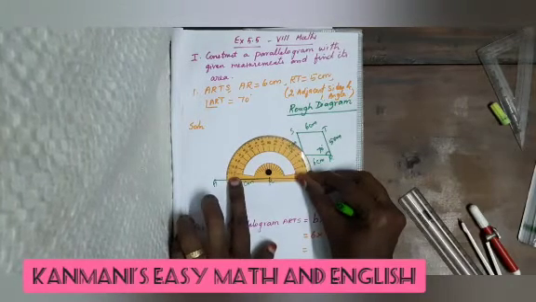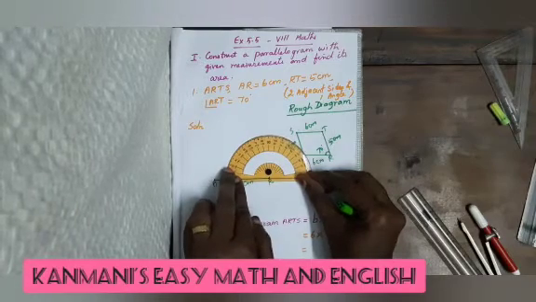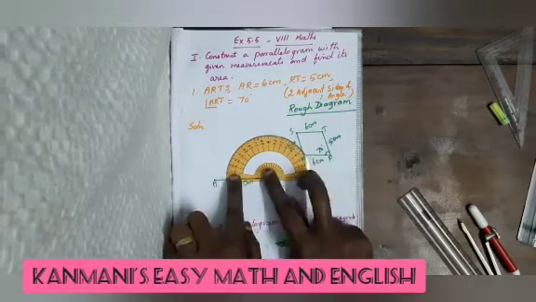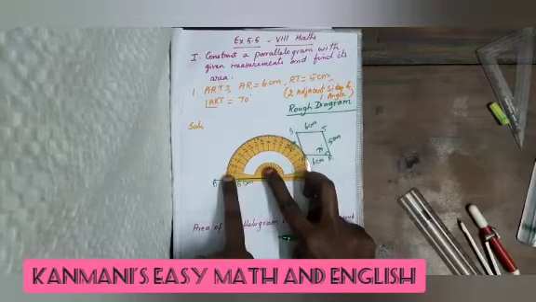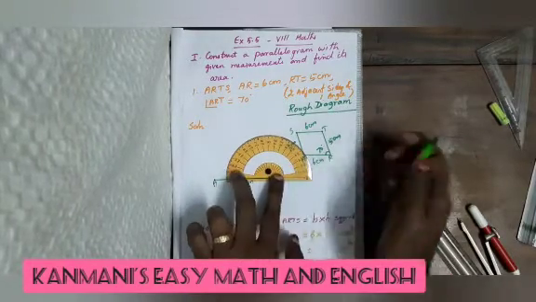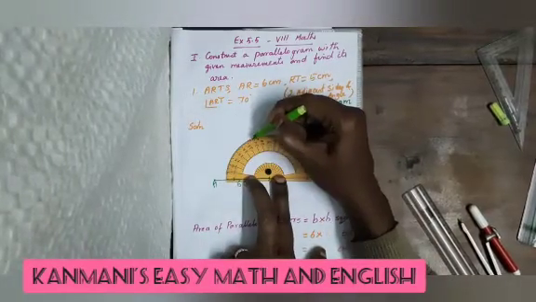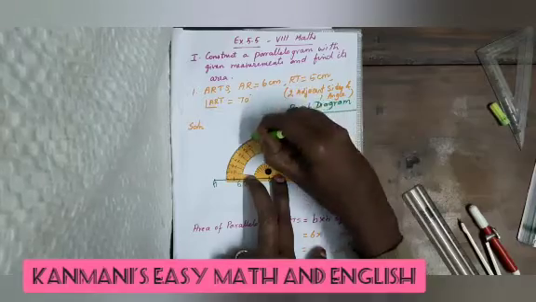So place a protractor like this. We all know how to place a protractor. So at R, with this 0 to 180 degree straight line coinciding on AR, you have to place a protractor like this and mark 70 degree. So acute angle, right from 0 we are going to mark 70 degree here.